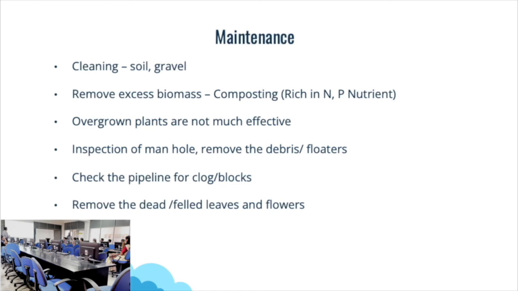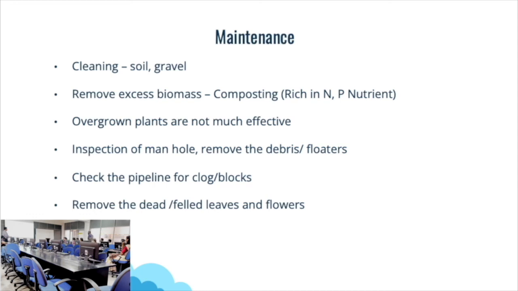Once the plants are mature, once the flowers and fruits are there, the plant cannot take up more nutrition. Normally the plants take nutrition from the water, from our grey water, absorbing the nutrients and growing.